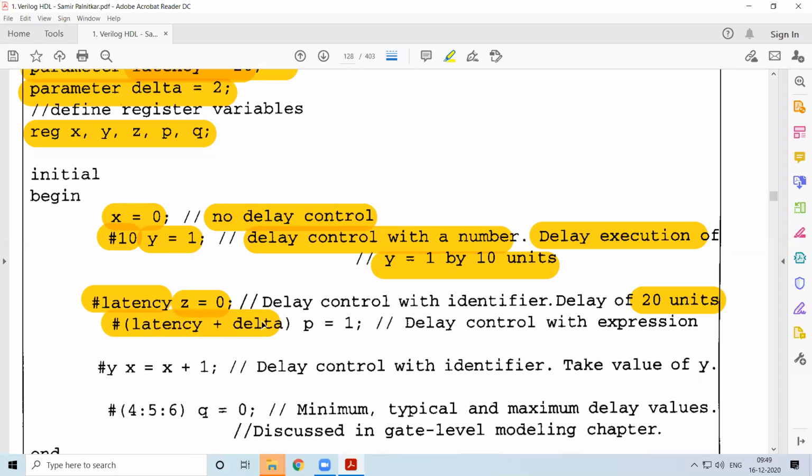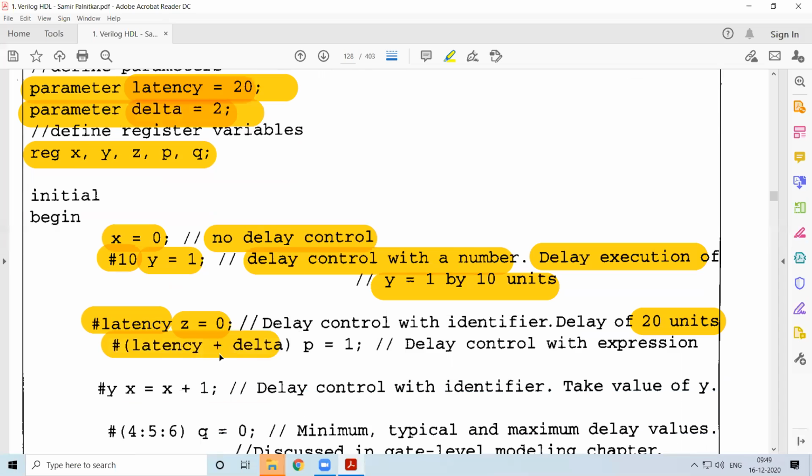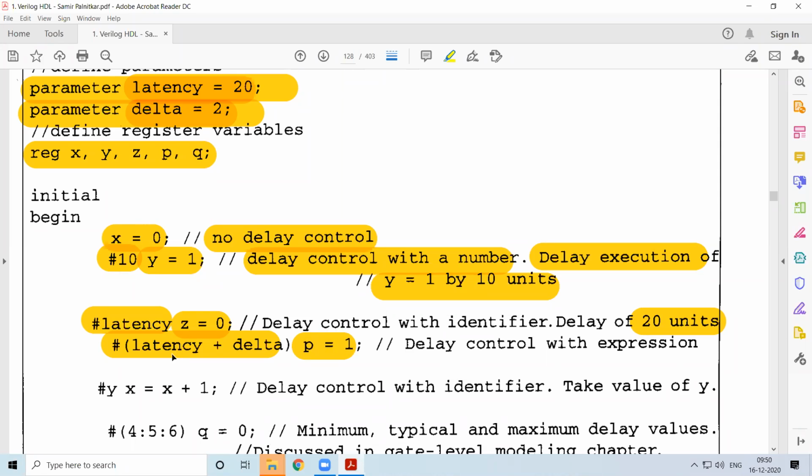Latency plus delta is an expression. In our case, latency is 20 and delta is 2. Therefore, 20 plus 2 turns out to be 22. So when the statement p is equal to 1 is encountered, the assignment happens after 22 time units.